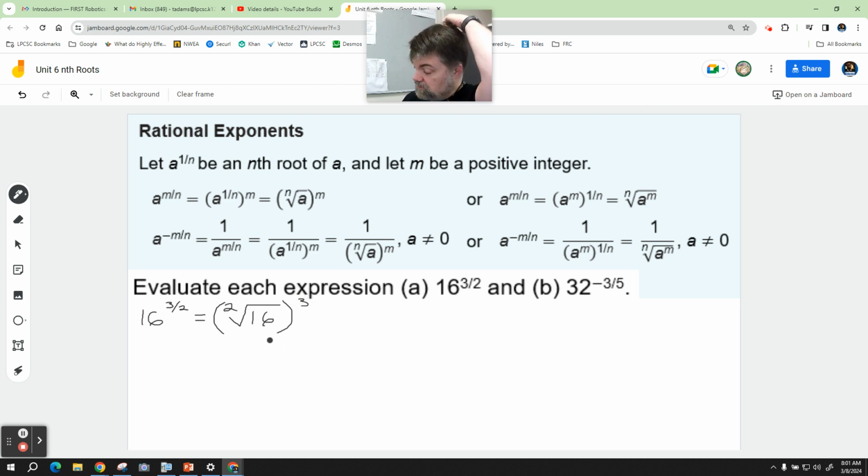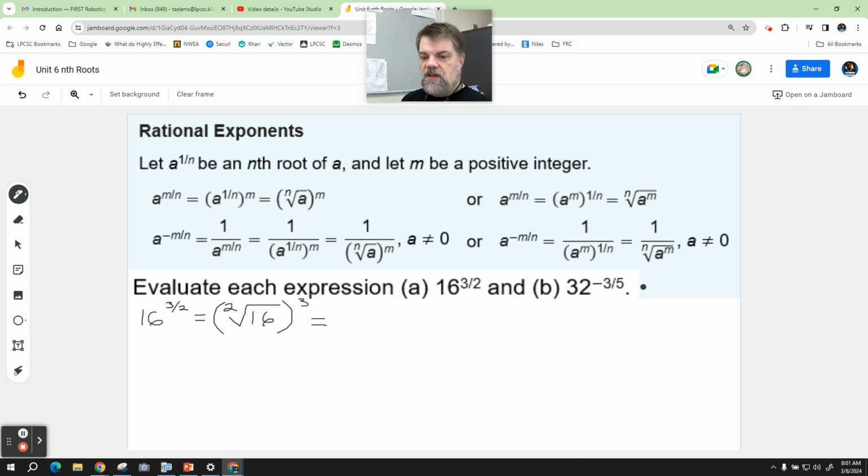Okay? So now I'm writing it in the radical form because it'll help me, because we're going to end up with a number. And I think our answer is going to be 64. But there's a process to find it. And we have to represent it in both the rational exponent form.